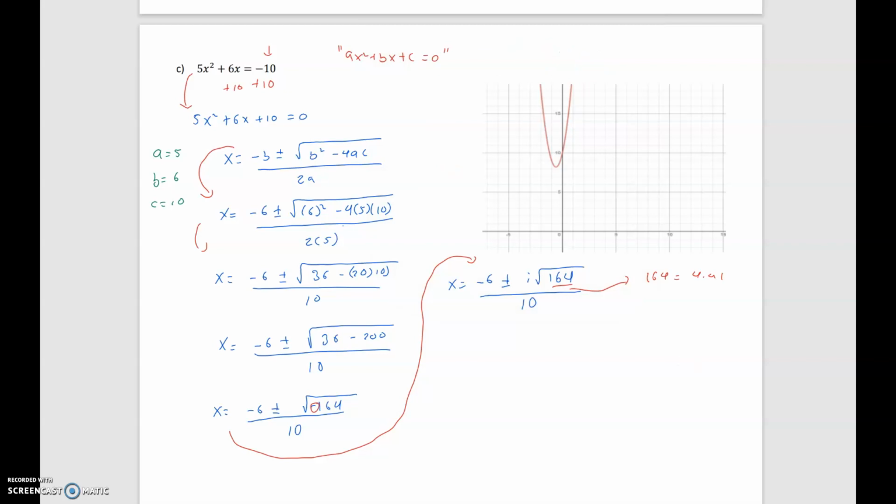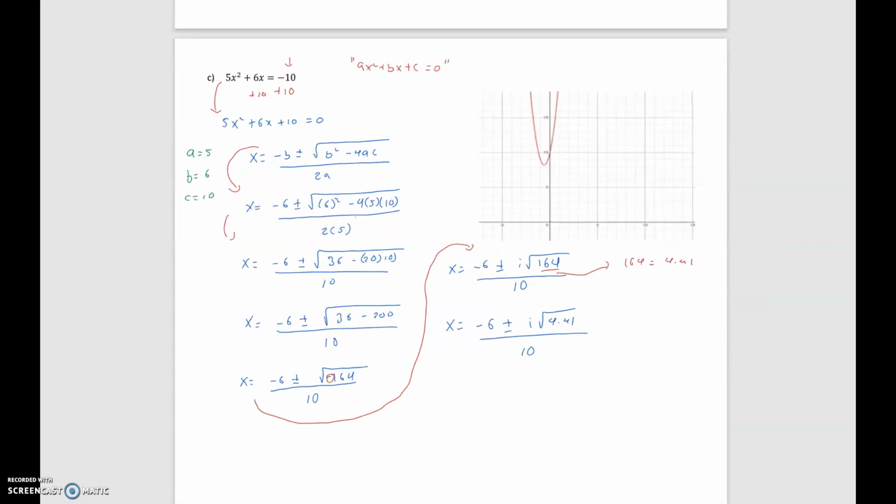So that means that our solution, we can write it as -6 plus or minus i square root of 4 times 41, all over 10. So we're looking at x is equal to -6 plus or minus 2i square root of 41, divided by 10.